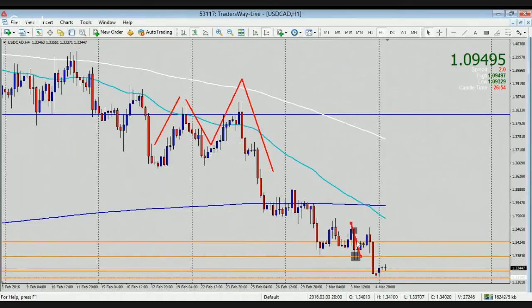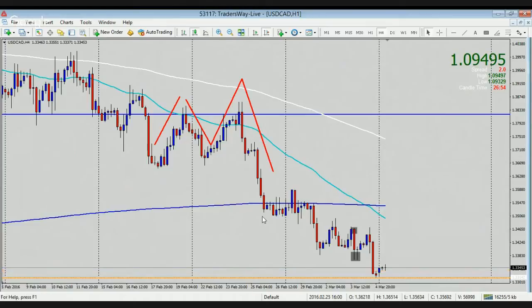All right, now this did do what an M formation would do, right? Yeah, we are going to miss opportunities, okay? But the point of trading is to minimize risk to the max potential that you can minimize it.